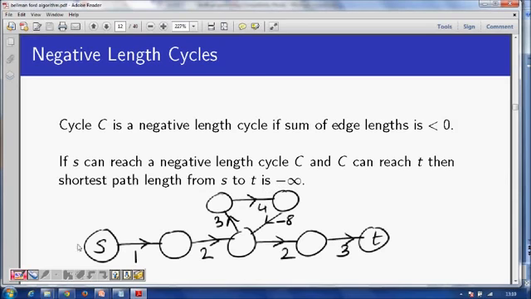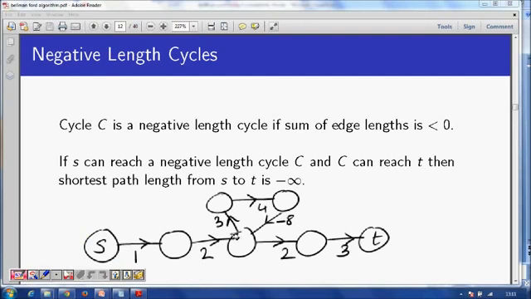So let's look here. A cycle is a negative cycle if the sum of the edge lengths is less than 0. Let's see this graph. If S can reach a negative cycle C, and from C you can reach T, then the shortest path length will be minus infinity.